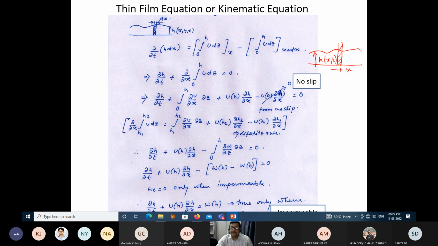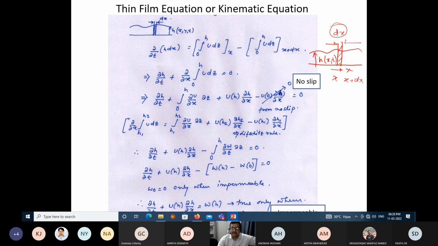And then I perform a mass balance. This particular gap has a thickness of dx. So in this differential element, what is the amount of mass that is coming in? This is x and this is x plus dx, right?